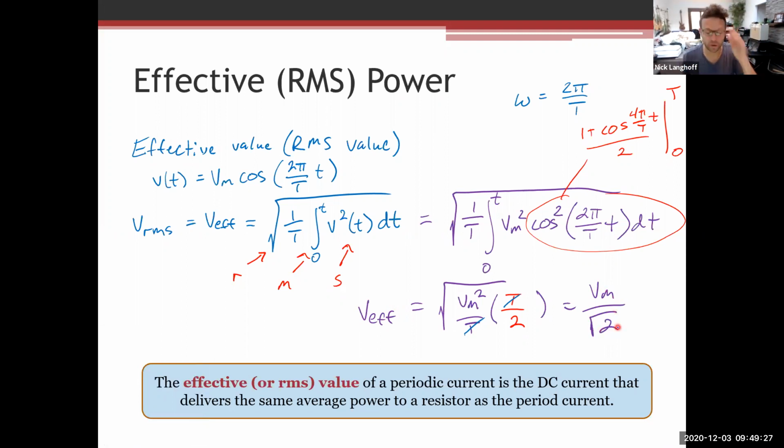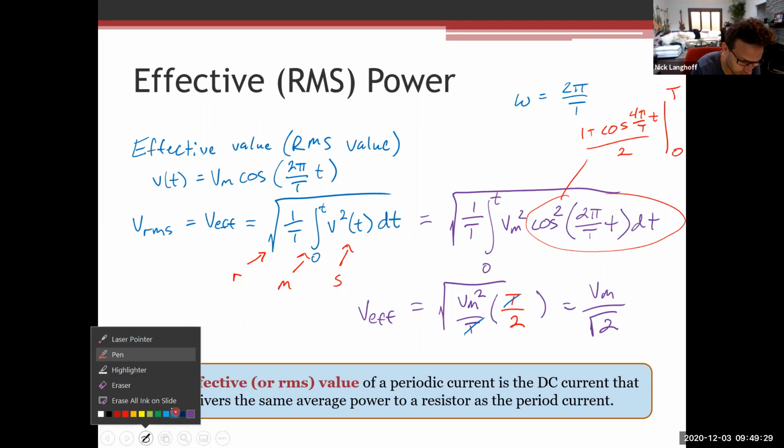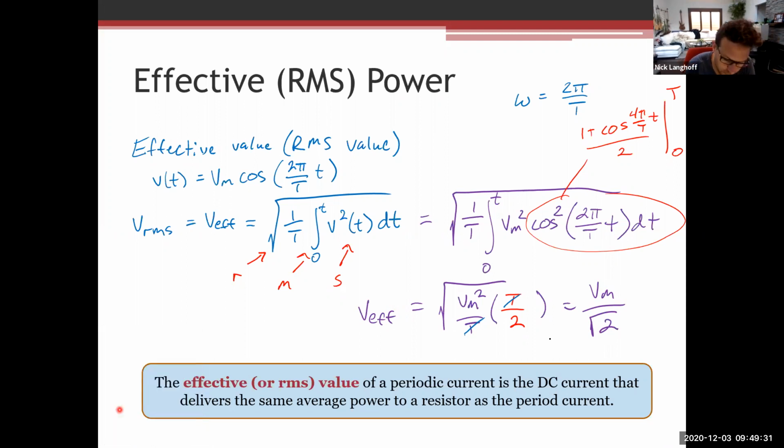Okay, I do want to remind you that this is for a sinusoid only. So if you were to look at the RMS or effective value for a square wave or a triangular wave, or the sound coming out of my voice as I speak into a microphone, if you're measuring that signal, all of those signals have a different RMS value.